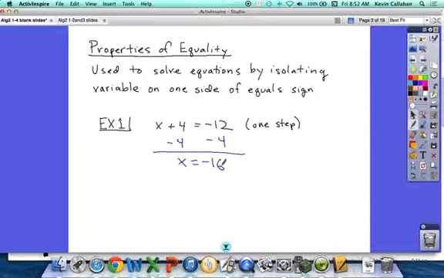It's so simple, you wonder if we really need a name for that, but there is one. The way our Algebra 1 book treats this, we start out by doing one-step problems where you only have to do one thing to solve. So we did the one thing: x is negative 16.